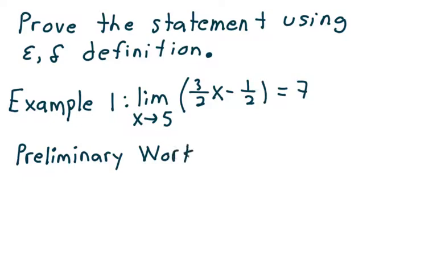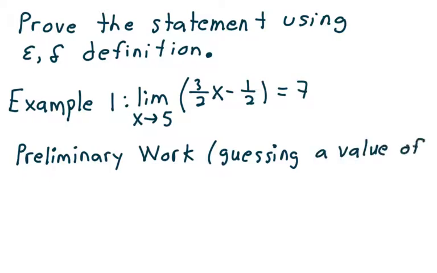So here's the preliminary work, and the preliminary work is guessing a value of delta. In other words, we're trying to figure out a delta that works. So we're given epsilon greater than 0.